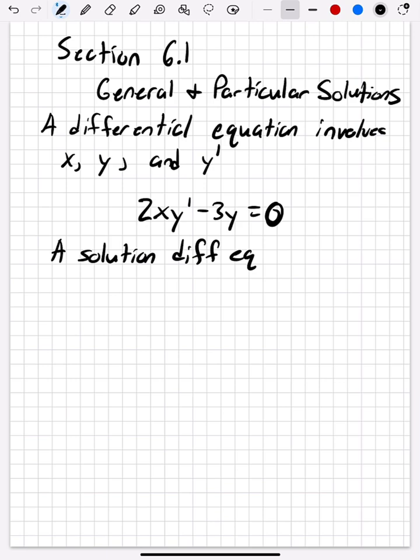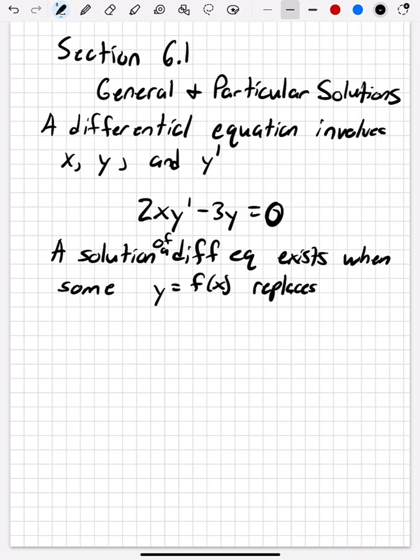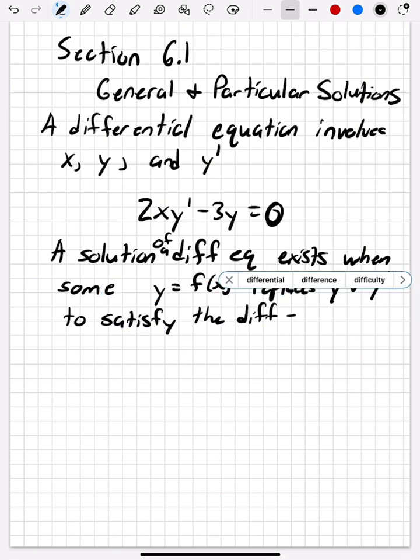So a solution of a differential equation exists when we have some function y equals f of x that replaces y and y prime to satisfy the differential equation. Okay.